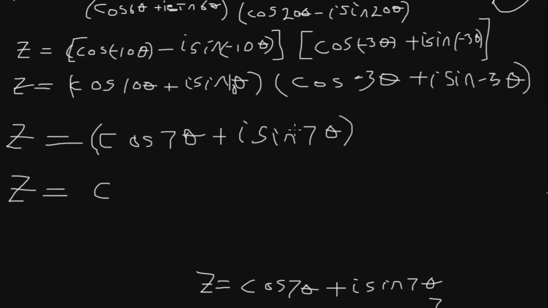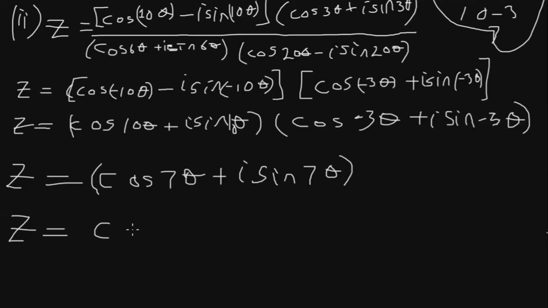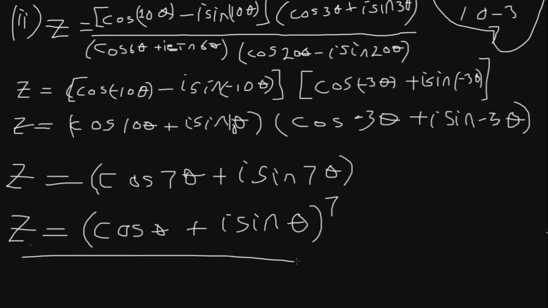So it's going to be cos theta plus i sine theta, then close brackets like that, then you have power 7 like that. So thank you very much for watching the video. This is the answer for question 2.